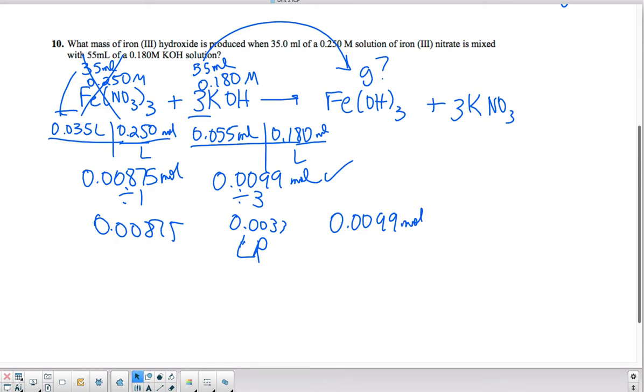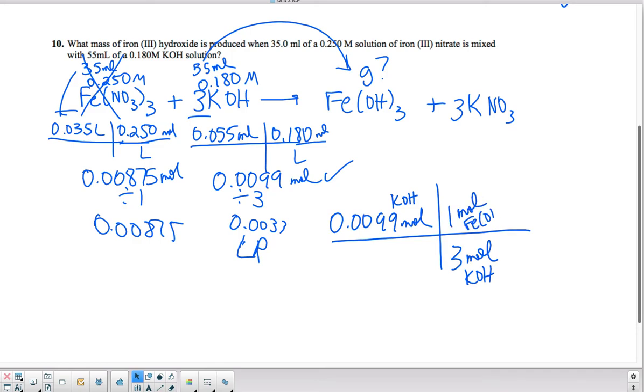0.0099 moles. And this is moles of KOH. For every 3 moles of KOH, I have 1 mole of FeOH3.